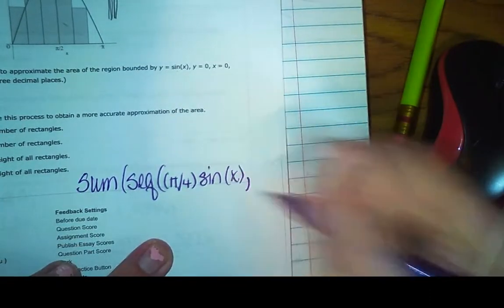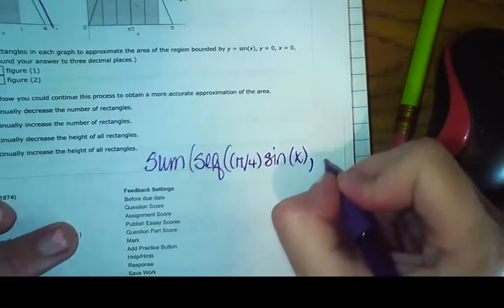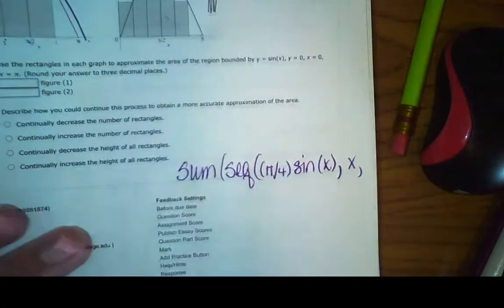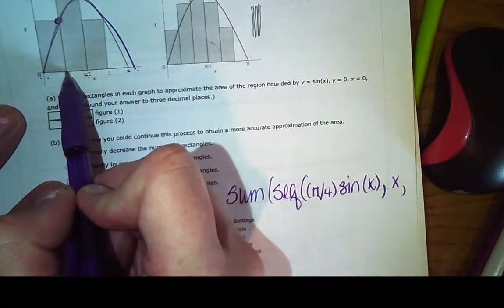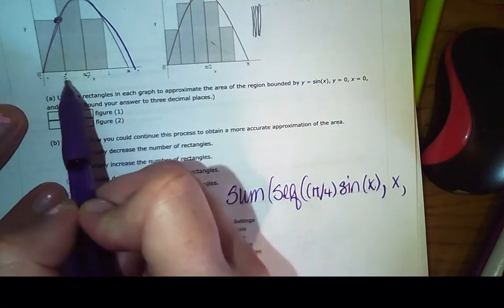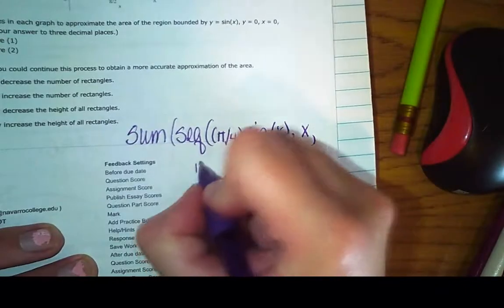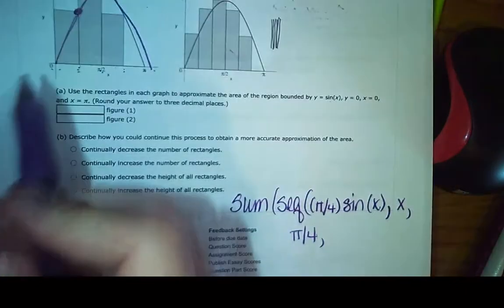And then comma, or go to the next part. Okay, what's your variable? My variable is x. Okay, where do I start? Be very careful. I need to start on the right side of rectangle 1. So what value is that? I need to start at pi over 4. Where am I going to end?